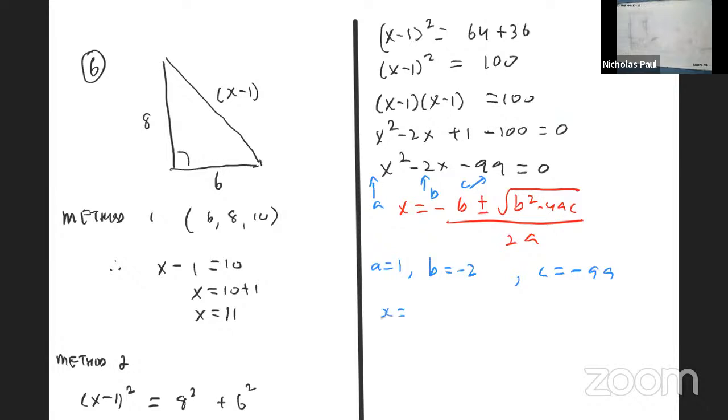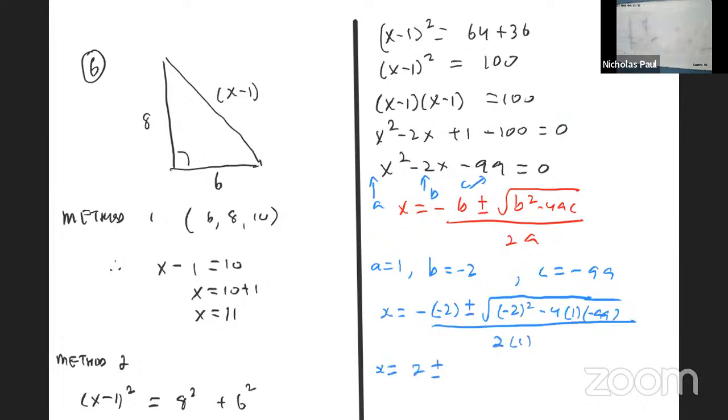So x is equal to minus b plus or minus the square root of b squared minus 4ac, all over 2 by a. So you'll get 2 plus or minus the square root of, what's the value inside there?